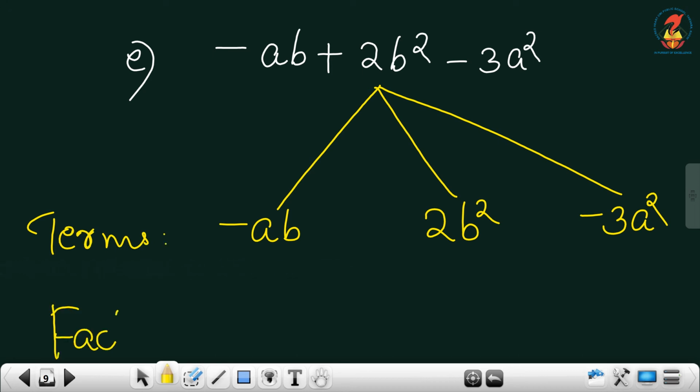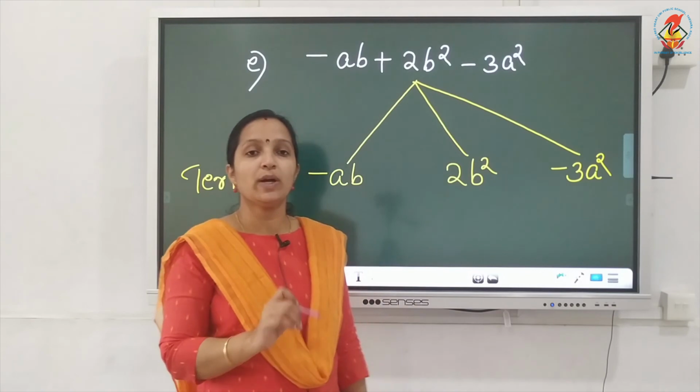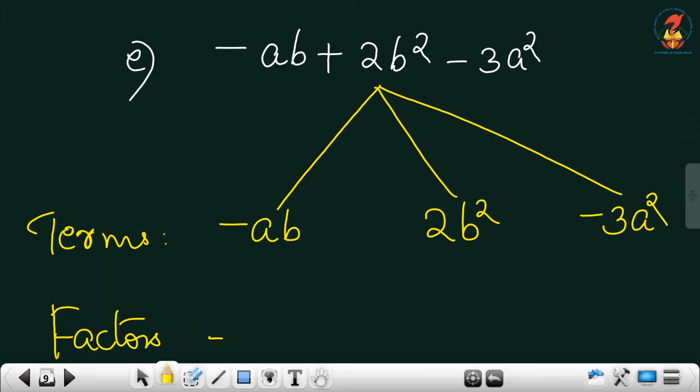Now, we have to write factors. If only variables are there and a negative sign is there, you have to represent the negative sign by using negative 1. So, which are the factors of negative ab? Negative a and b. I hope it's clear. Now, which are the factors of 2b square? 2b square means what? 2, b and b.